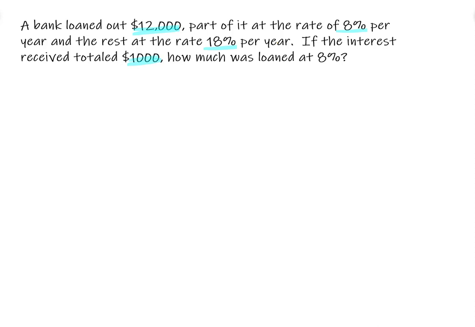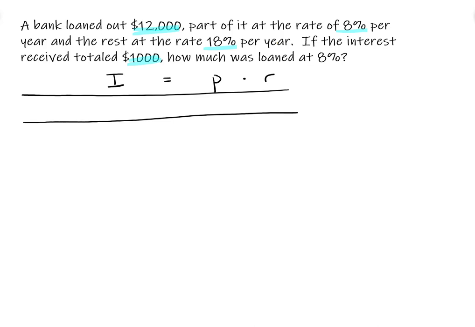Alright, so let's go ahead and start by writing our first equation at the top of the page. That's going to be interest is equal to principal times rate. Give yourself some space to write. Now we have two different scenarios. We have part of it loaned at a certain interest rate and part of it loaned at a different interest rate. And then we have the total amounts. So I'm going to put a third line.